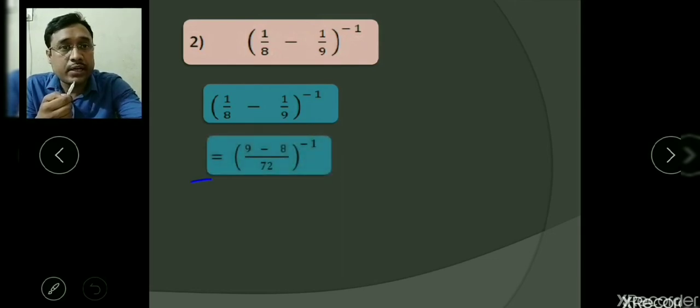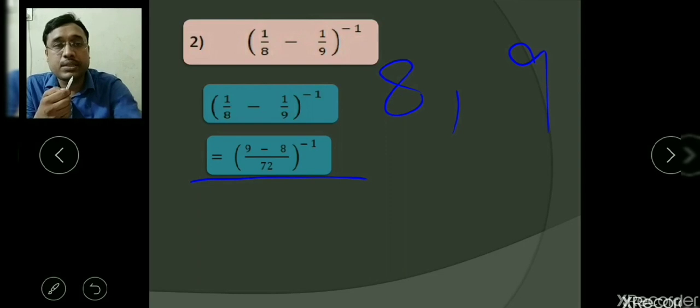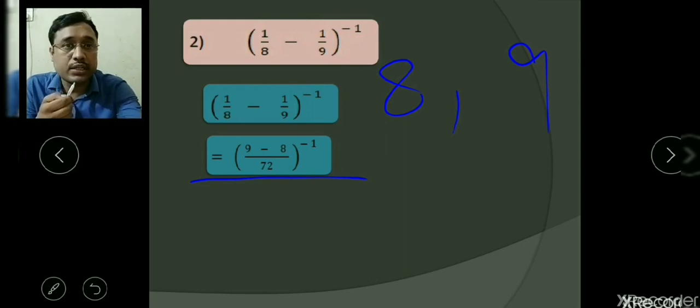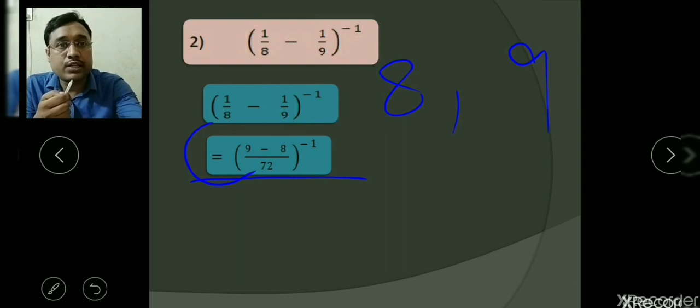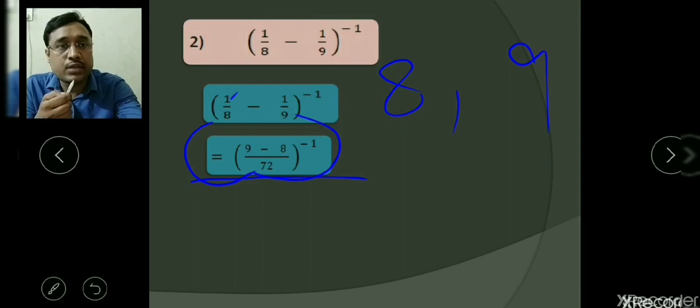Then we will find the LCM of these denominators. Here the denominators are 8 and 9. So the LCM is 72. Now 8 into 9 times, this 72 will come here. Then this 9 into the numerator 1 will be 9. Then again 9 into 8 times the LCM will come.